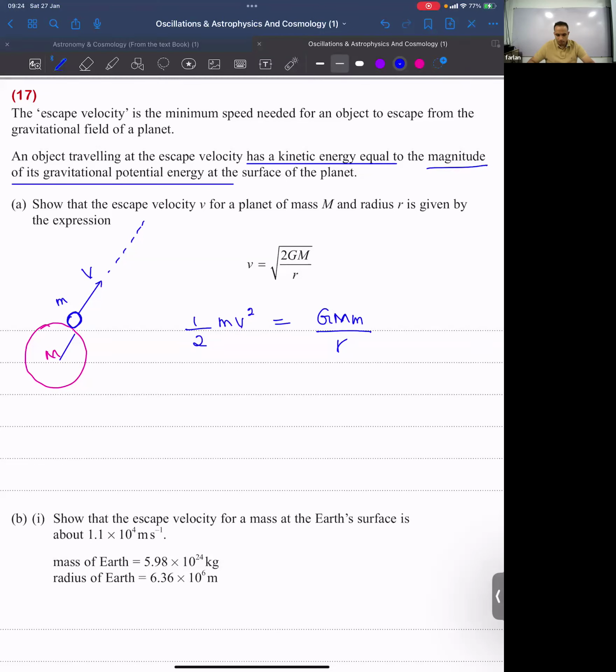M is the mass of the planet. Small m is the mass of the object that you are throwing. If you equate the two, small m here will cancel off with small m here. Cross multiply, v squared equals 2GM over R. So that means v equals the square root of 2GM over R.